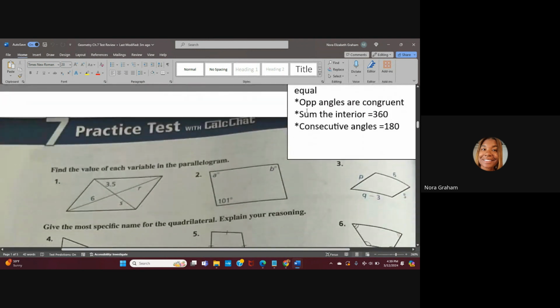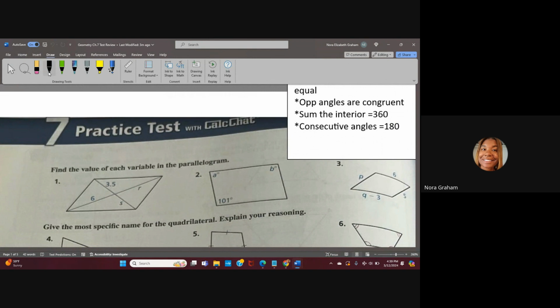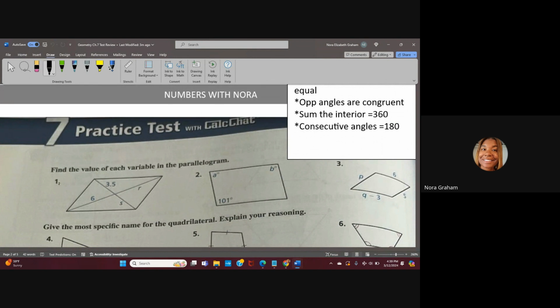All right, so let's go ahead and do 1 through 3. Again, find the value of each variable in the parallelogram. Looking at 1 right here, since they already stated that this is a parallelogram, I know that my diagonals bisect each other and create a midpoint. I can conclude that only because they let us know right off the bat that this is a parallelogram.